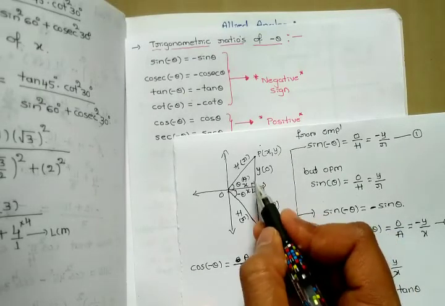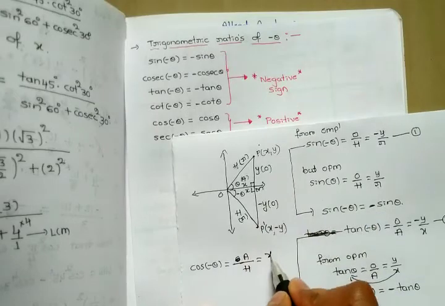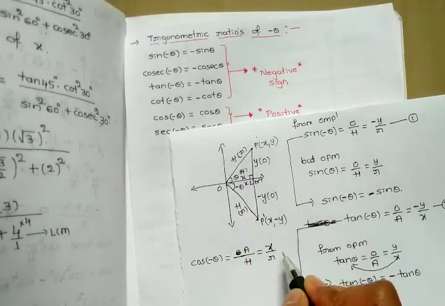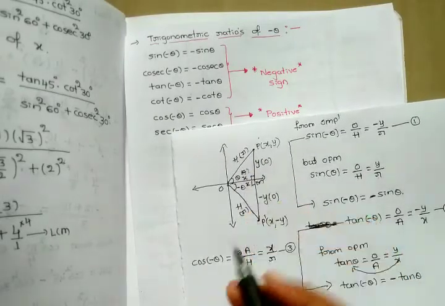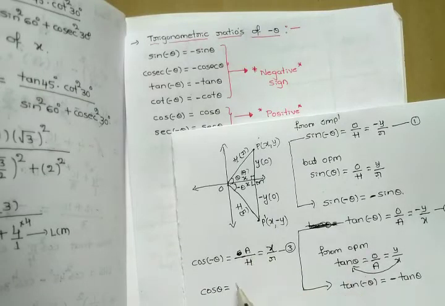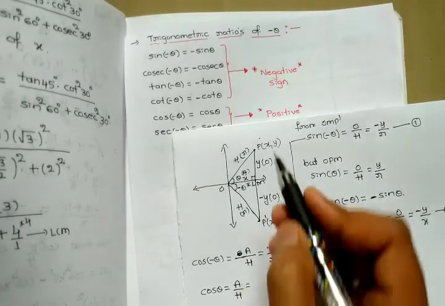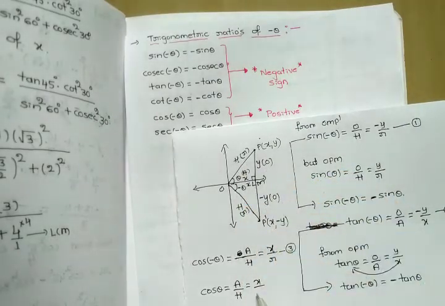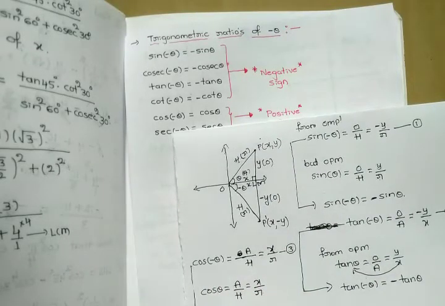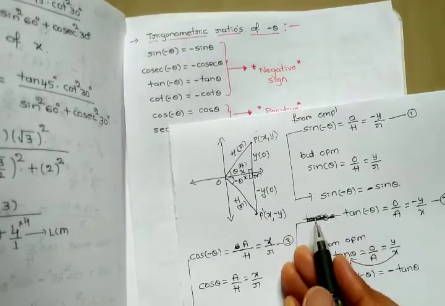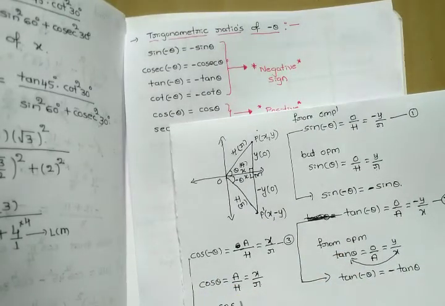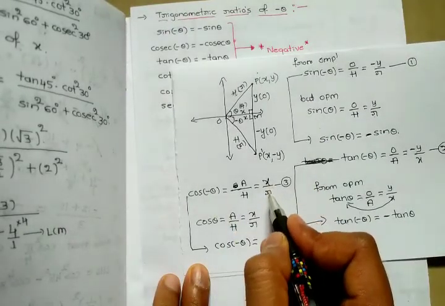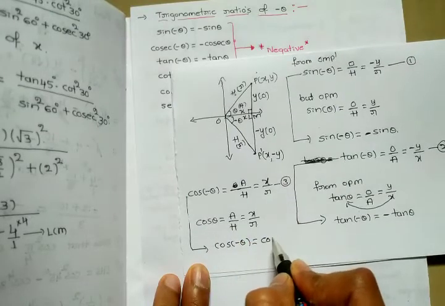Adjacent side is x, hypotenuse side is r. Again, if I call this 3, from this triangle cos theta is equals to, again same formula, adjacent side is x and hypotenuse side is r. Substituting this value in equation number 3, cos of minus theta is equals to x by r, and x by r is nothing but cos theta.